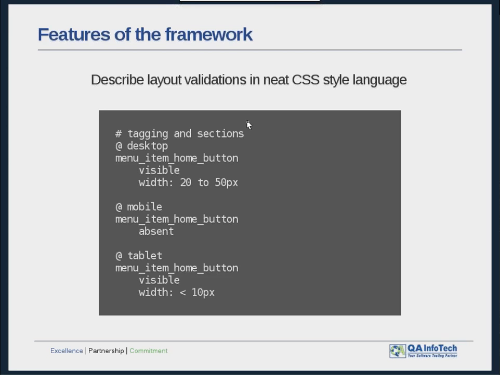I can have my spec file laid out for all these differences in the layout, and then at runtime, when I'm running the test, I can pass the correct tag to the test according to whether I'm testing inside the mobile device or inside the desktop, and the tool would automatically pick the right section inside the spec file and perform the validation according to that. I just hope that answers that question.